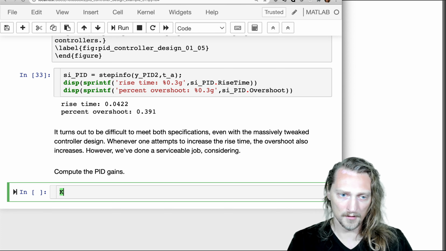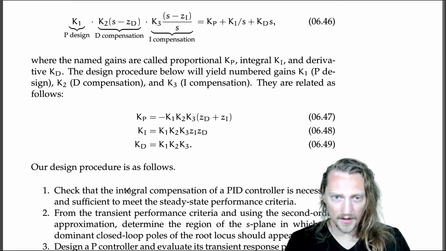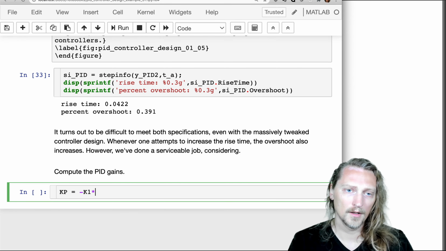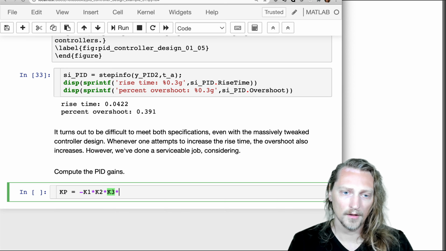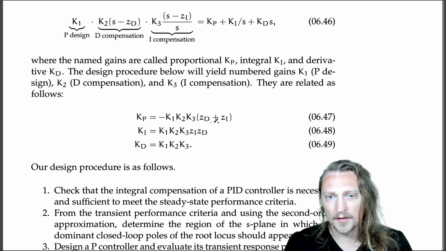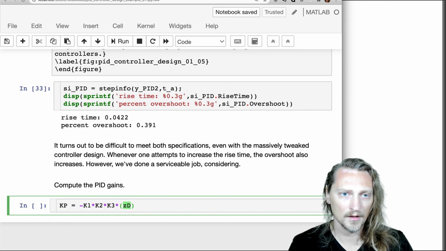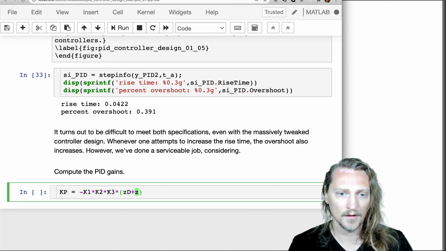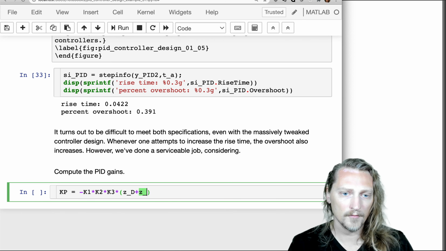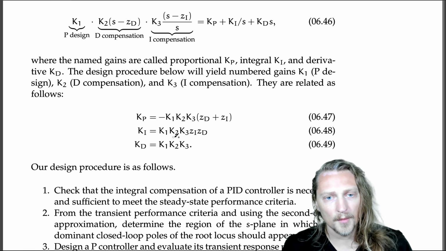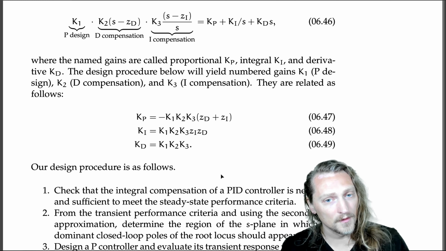We've got Kp equals negative K1 times K2 times K3 times Zd plus Zi. I think I called them Zd plus Zi, I put underscores. And we've got Ki equals K1 times K2 times K3 times Zi times Zd.